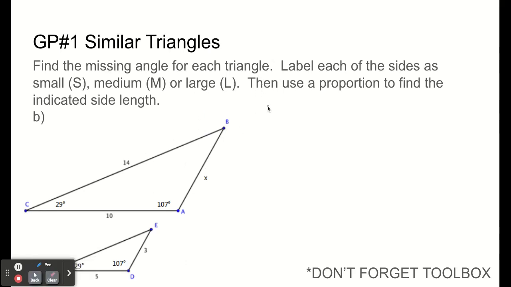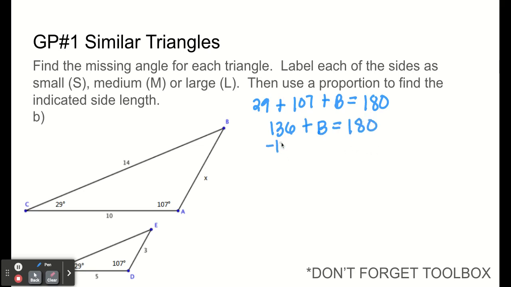So we're going to start by doing 29 plus 107 plus angle B is equal to 180 degrees. 29 plus 107 is going to give us 136 plus B is equal to 180. We then subtract 136 on both sides, and that leaves us with a measure of 44 degrees.